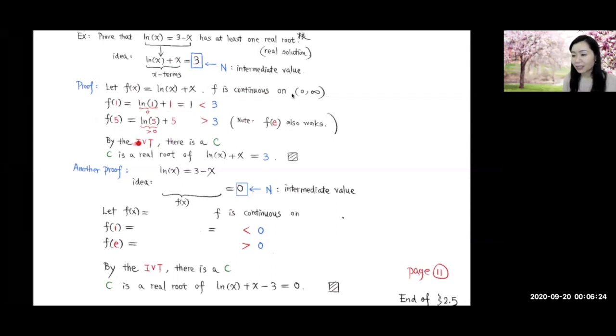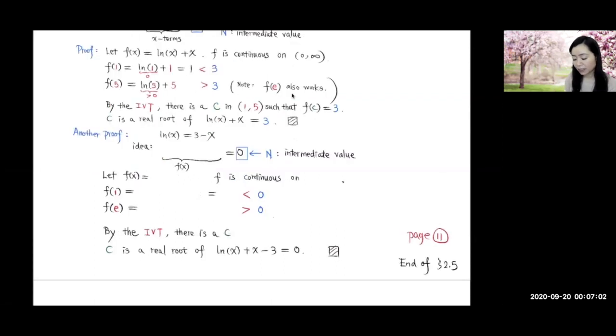So by the intermediate value theorem, there is a c in this open interval 1 to 5, such that f of c is equal to this intermediate value, 3. So in other words, c is a real root of this equation. So we just proved that this equation, which is equivalent to the original equation, has at least one real root.